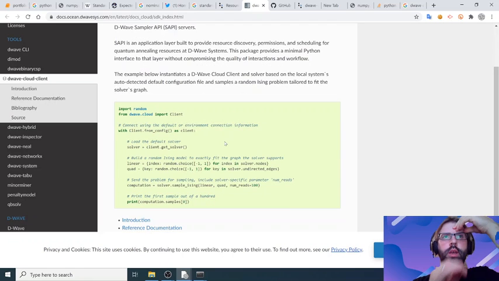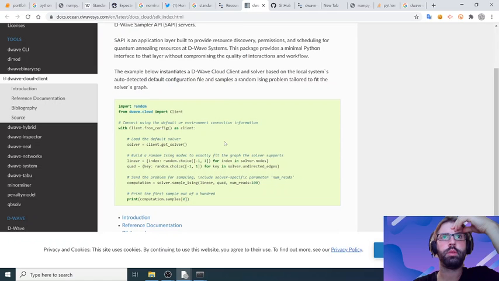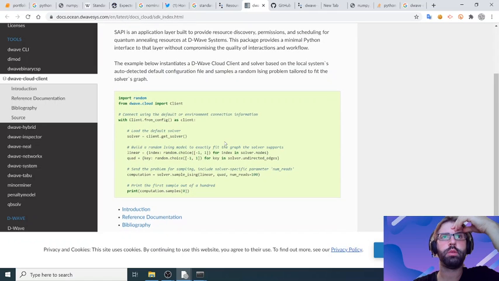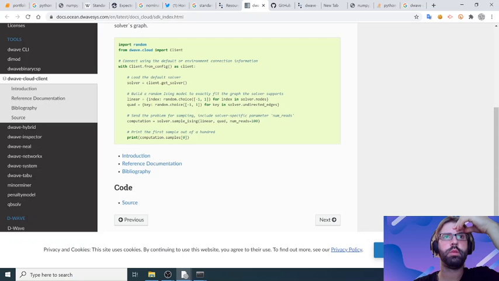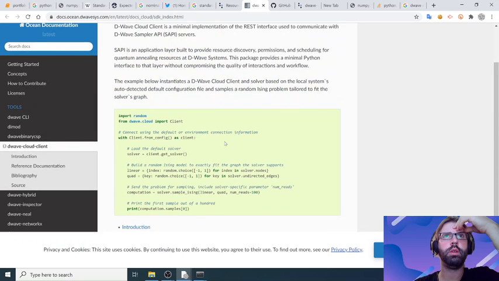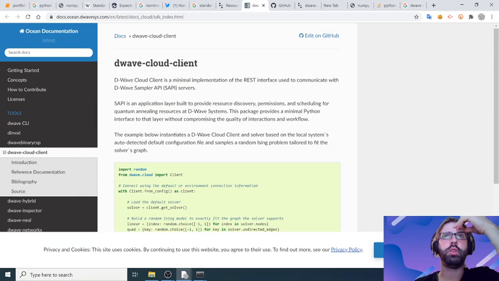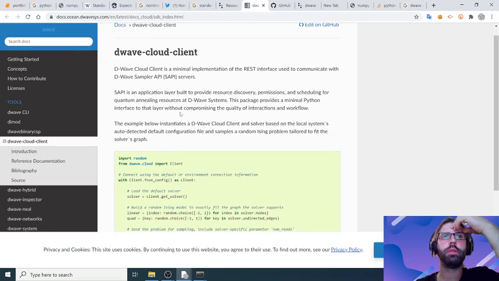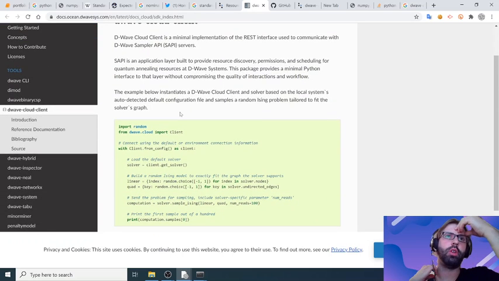Client get solver. Okay. Is minimal implementation of REST interfaces to communicate with the D-Wave sampler. Cloud client. So you get a solver like these. Okay.